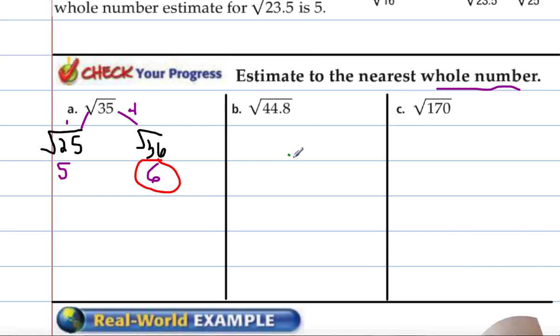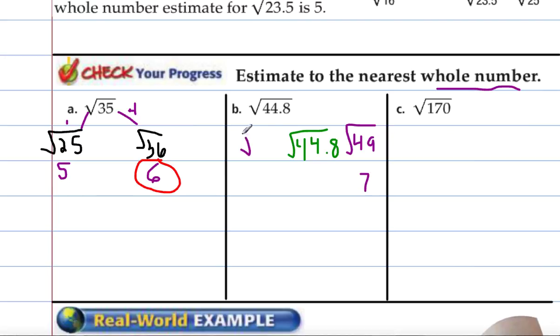44 and 8/10. So I decide what's on either side of that, and I'm drawing with my mouse right now, so please be patient. The perfect square that's larger than that, I know, is 49, which has a square root of 7.